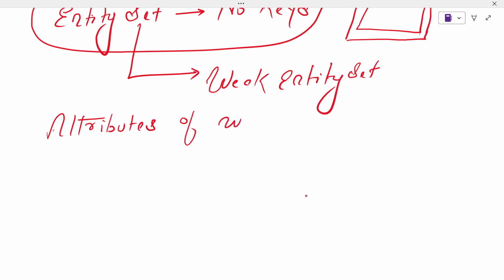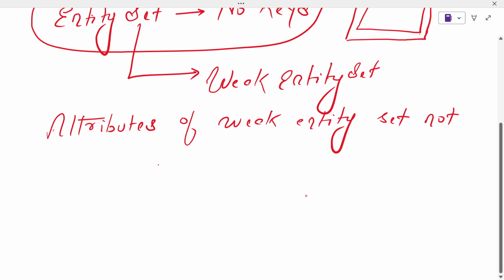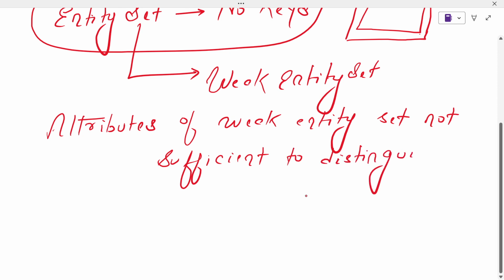So attributes of a weak entity set are not sufficient to distinguish between the entities, because we don't have a key.